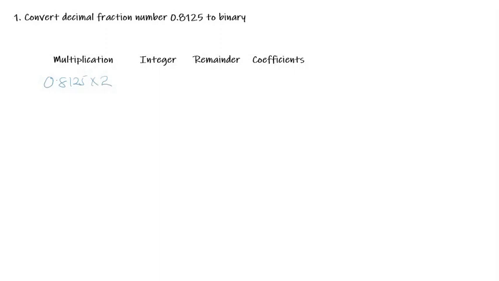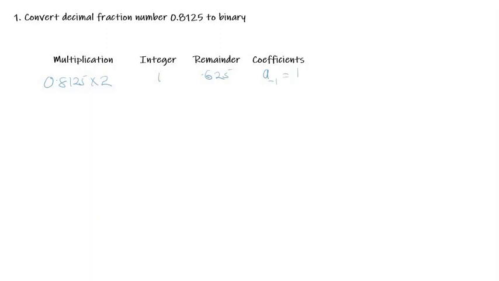I'll write the integer part of the result here and the decimal part as a remainder, which is 0.625. The coefficient is equivalent to the integer. Therefore, the coefficient a minus 1 is equivalent to 1.